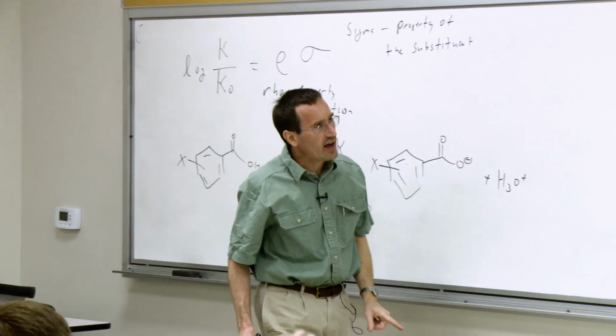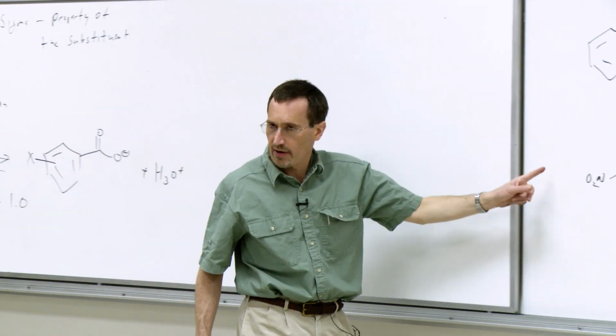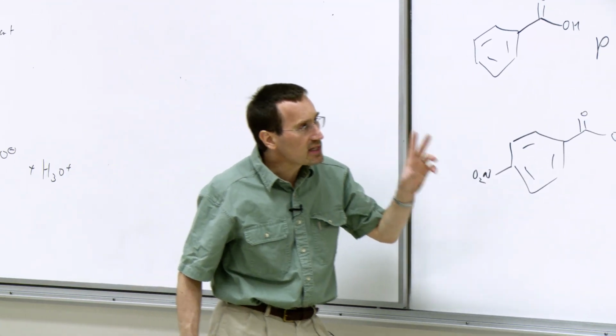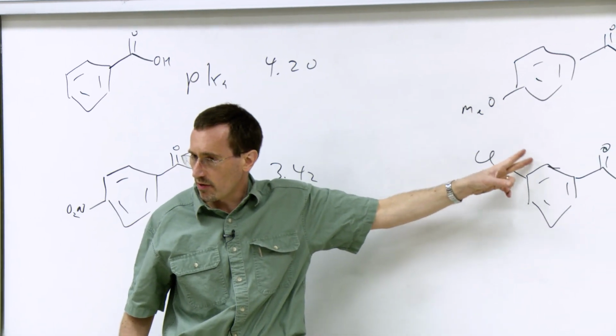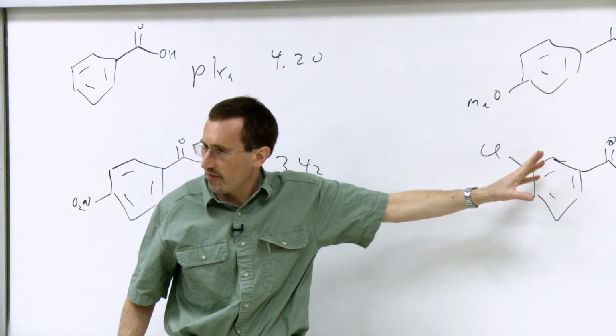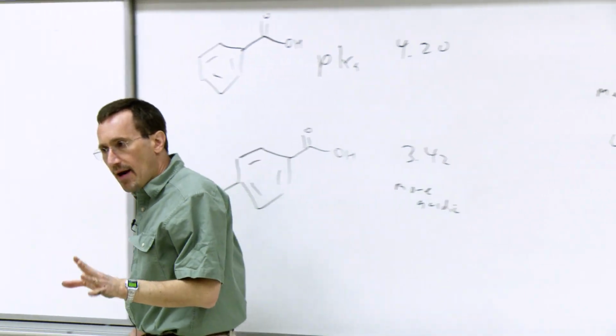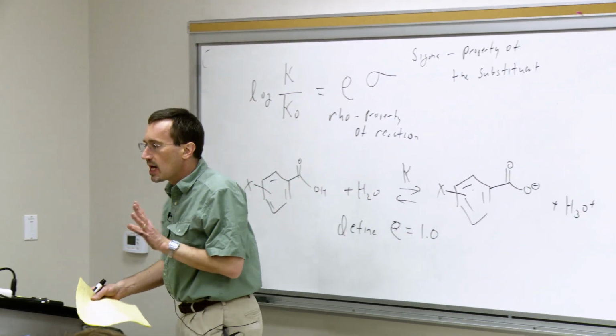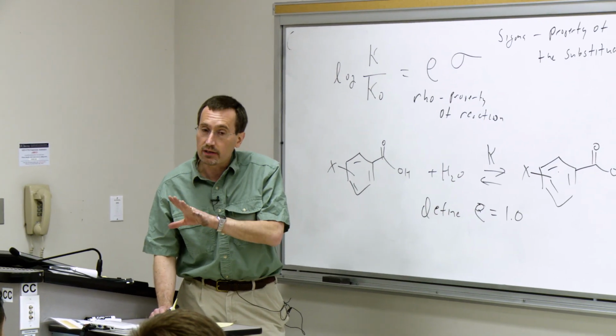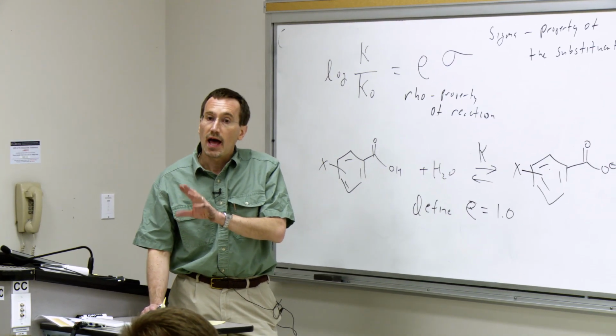Let's come up with a value of sigma for a para-nitro group, for a para-methoxy group, for a meta-chloro group, and for lots and lots of others, and then see what we can correlate this with.